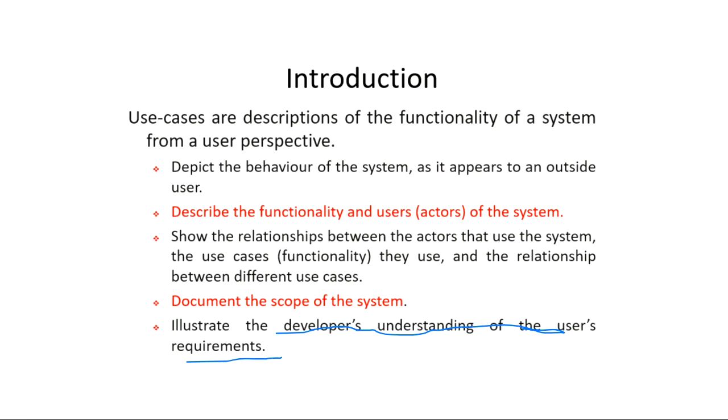So the developer will make some use cases, and if he doesn't know UML, he will take the help of some other persons and try to create some use case diagrams. These diagrams will be shown to the user by the project manager. See, our developers have understood that your project will look like this. Then the user will say, okay, yes, I have also asked for the same things. Or the user will say, no, I didn't ask for this. It should be like that.